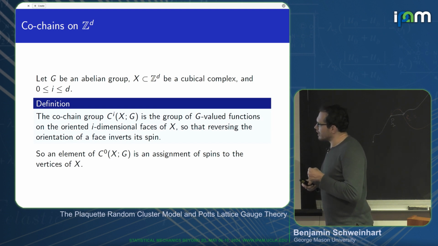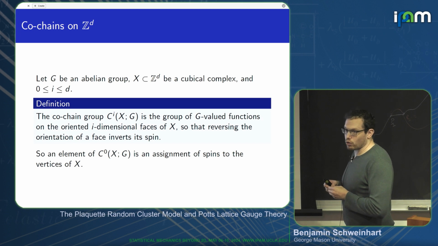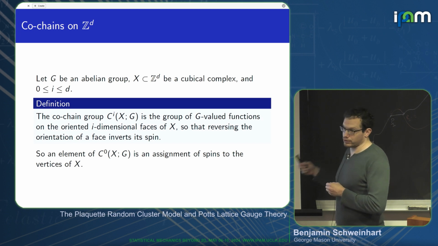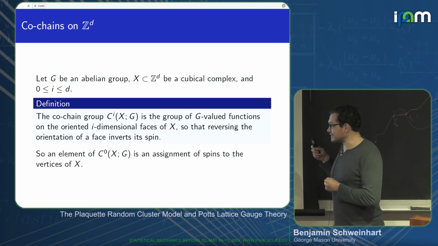Okay, let's think about some examples of cochains that we know. For example, if we're looking at the Ising or Potts models, our state space is the assignment of spins to the vertices of a graph. That's the same as a 0-cochain.